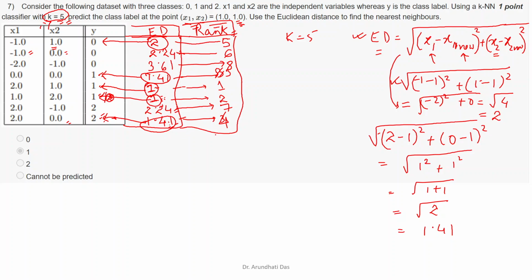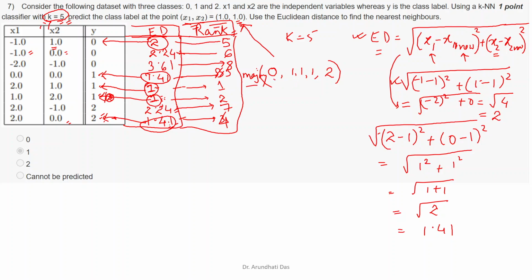So the class levels for this new data point, 1 comma 1, are 1, 0, then next there are 3 data points with class level 1 and one nearby data point whose class level is 2. Now out of all those I am going to consider the majority, or the mode, the class level whose frequency is highest.